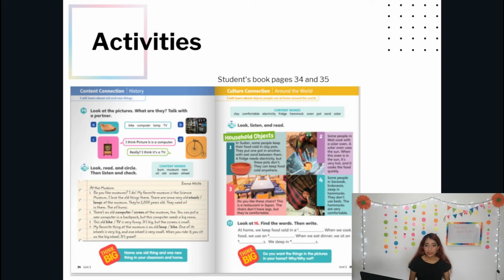It was super interesting, right? As you can see, these are from different places of the world. We read about Japan, about Mali, Indonesia, and also Sudan. Some of these places don't have the resources or the technology that we have here.